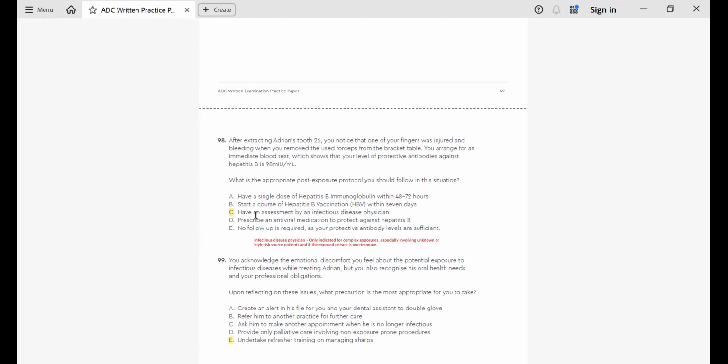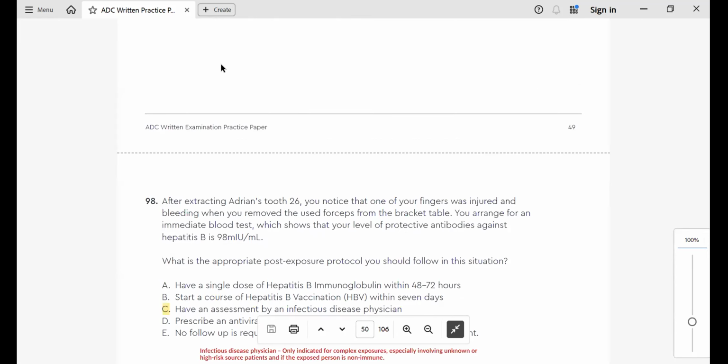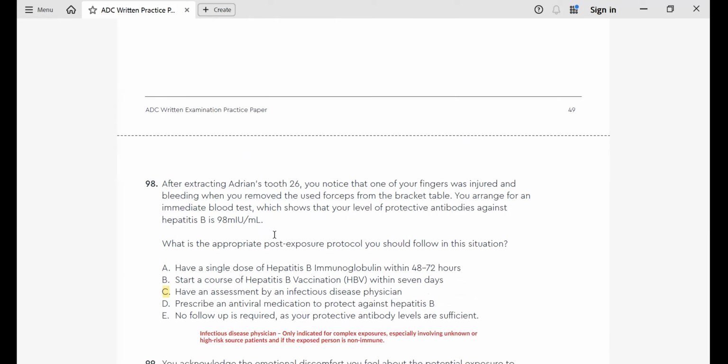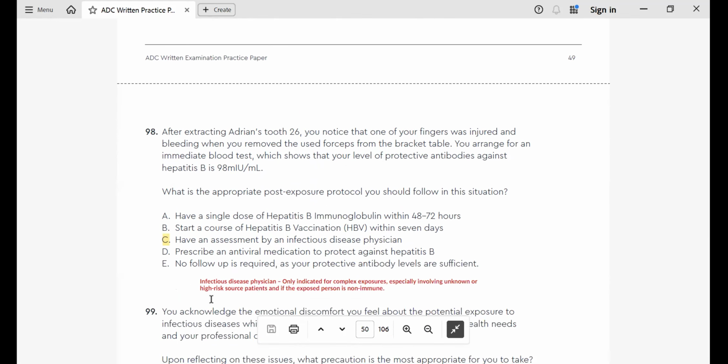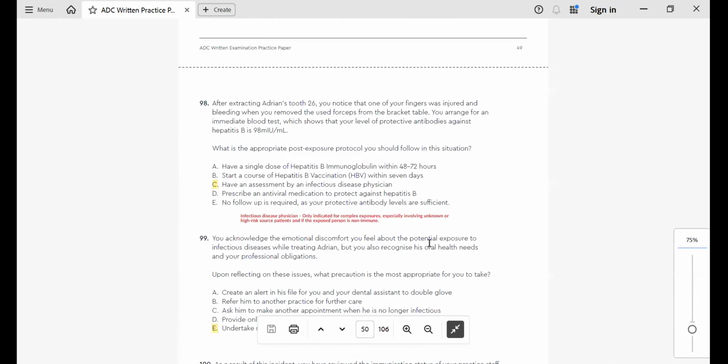So this is: have an assessment by an infectious disease specialist, all right? Although 98 milli international units per ml is considered satisfactory, why we are not going with E and going with C is that complex exposure, especially involving an unknown or high-risk source individual, and if the exposed person is non-immune. The patient is also non-immune here, right?